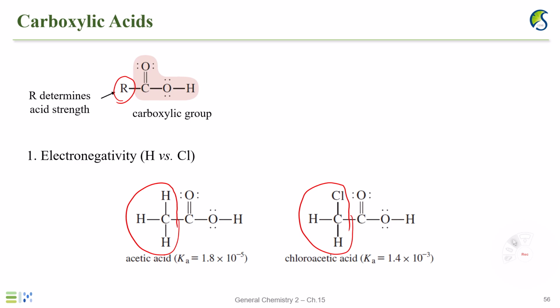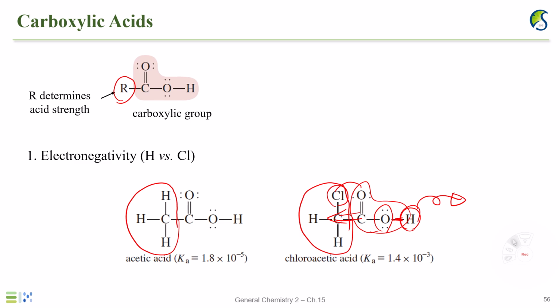You know that Cl has a higher electronegativity than H. So the electron density around the carboxylic group will be more attracted toward this functional group in the case of CH2Cl, which means that the bond between H and O will be looser here, so H is easier to detach.